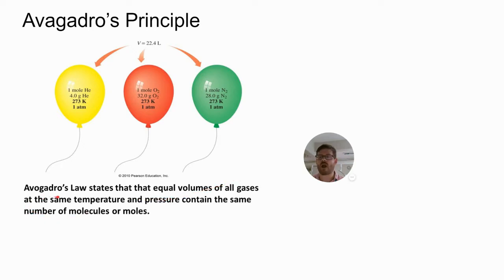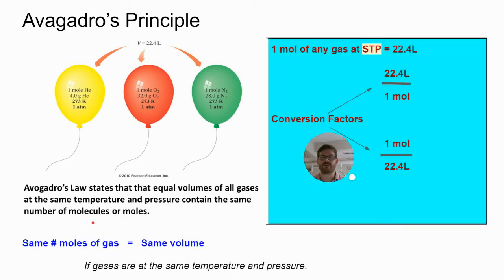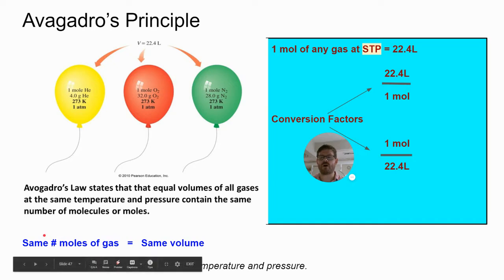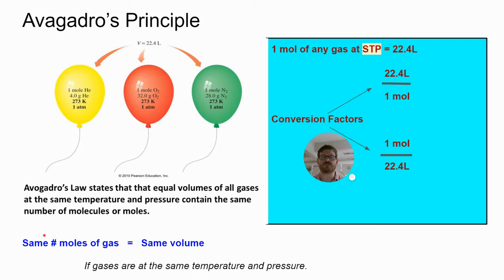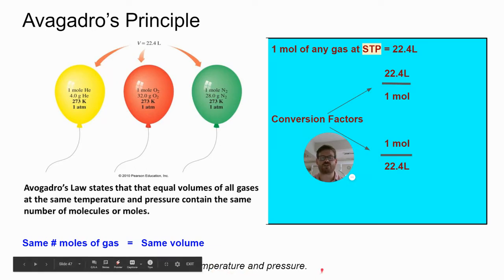Avogadro's law states that equal volumes of all gases at the same temperature and pressure contain the same number of molecules or moles. Maybe a little more simply put, the same number of moles of a gas is equal to the same volume. So same moles, same volume, as long as the gases are at the same temperature and pressure.